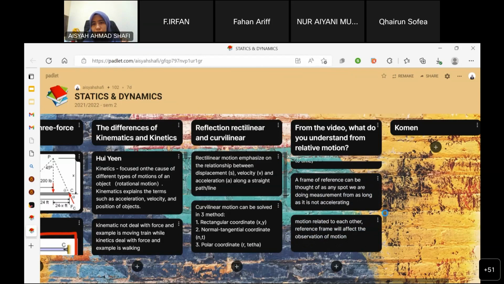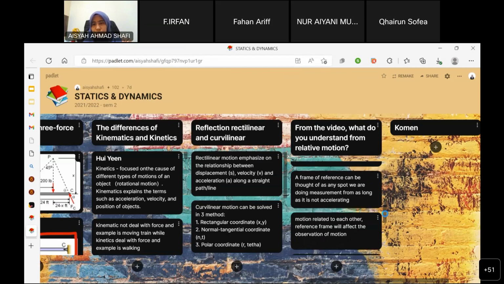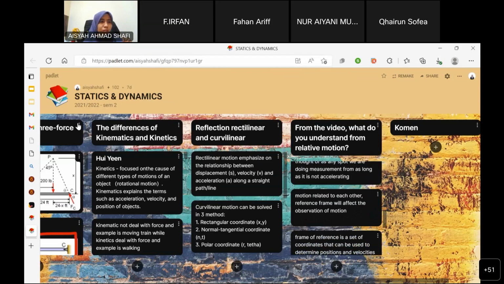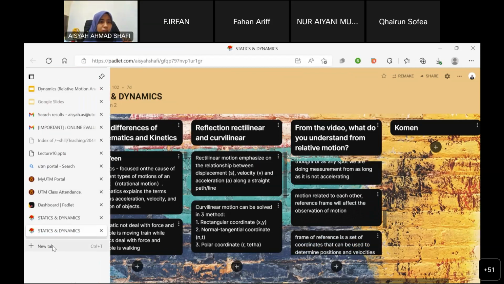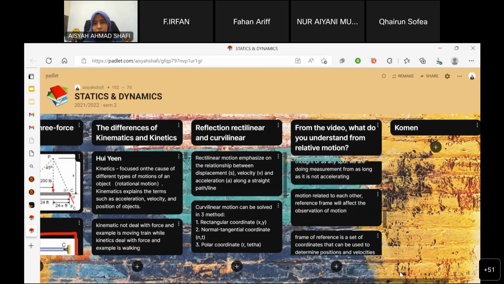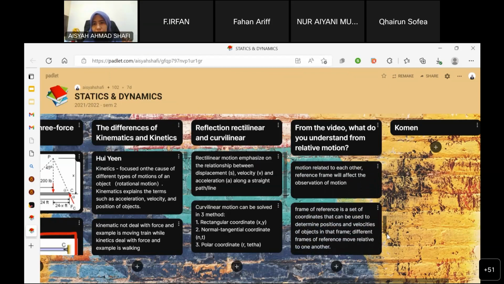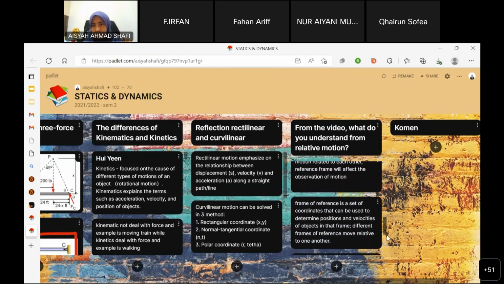Motion related to each other. Relative motion means motion related to each other. The reference frame will affect the observation of the motion. A frame of reference determines the position and velocity of an object in that frame.